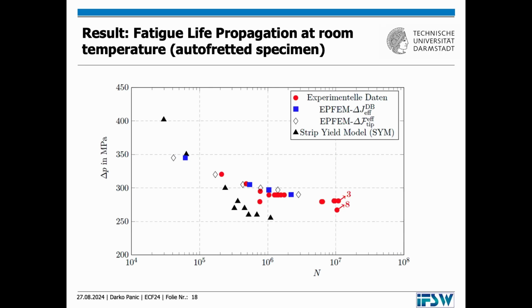Without going into a detailed explanation, this has to do with dissipative components and the hardening contribution of the respective corrective parameter F-tip, which is not included in this definition of JDB. However, both methods yield respectable results when compared with the experimental red points here. Okay, that was it. Thank you.